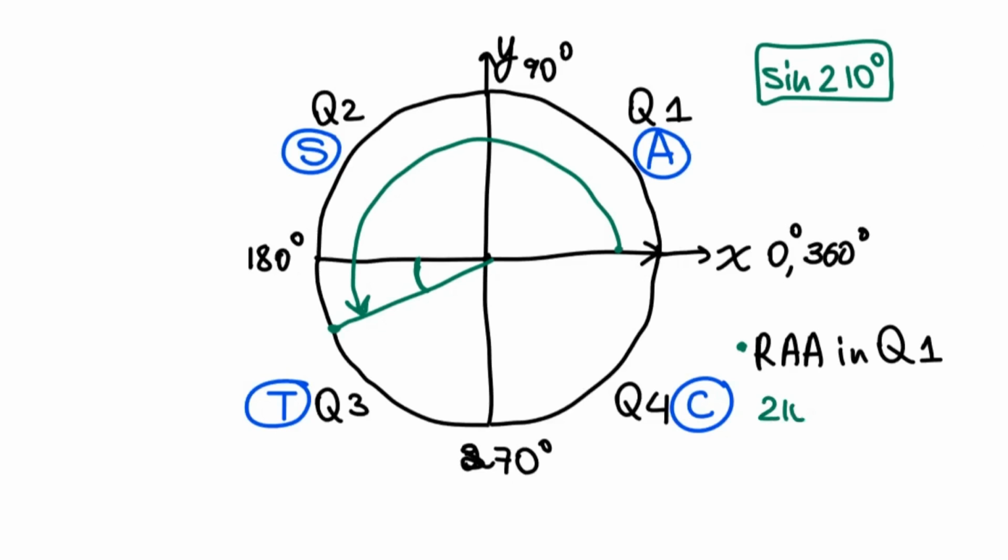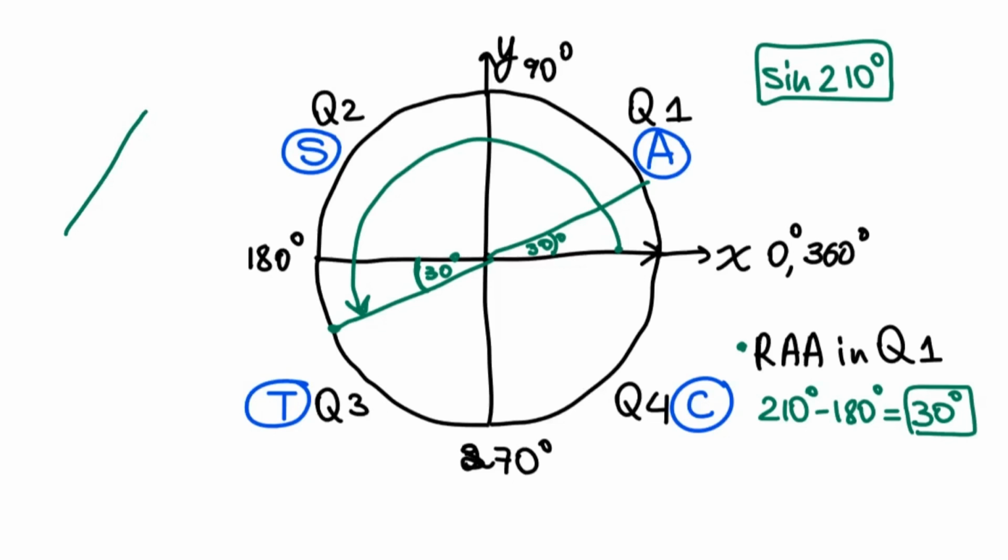So 210 subtract 180, and this gives us 30 degrees. So the related acute angle that could be translated into this quadrant as well is 30 degrees. Why is it important? Because now we can use a special angle triangle, the 30, 60, 90, to determine the exact trig ratio of the 30 degree angle and consequently of the principal angle that is based on it.